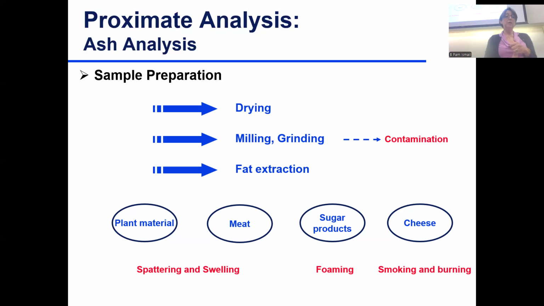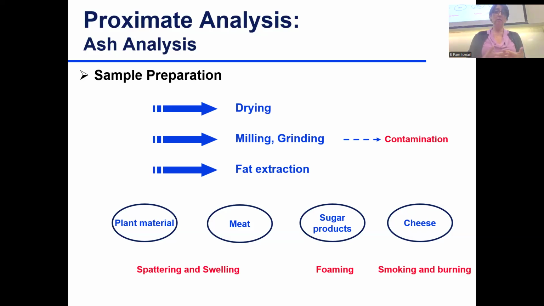Fat extraction, sometimes we do that in case the fat is really high because it can cause smoking and potentially also splattering in the muffle furnace. Also, again, group C, you will be putting your crucibles with the cheese on a hot plate to smoke off that fat so that you avoid splattering in the high temperature muffle.